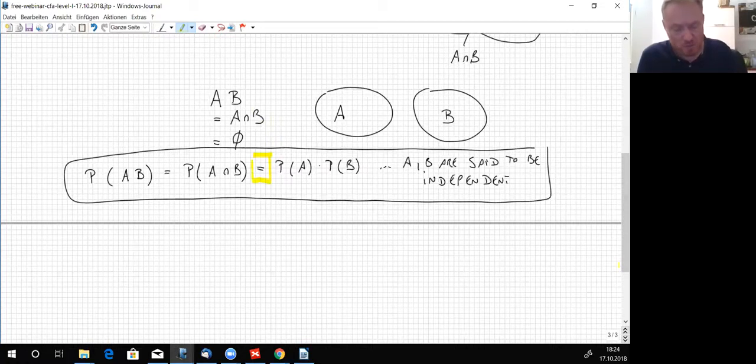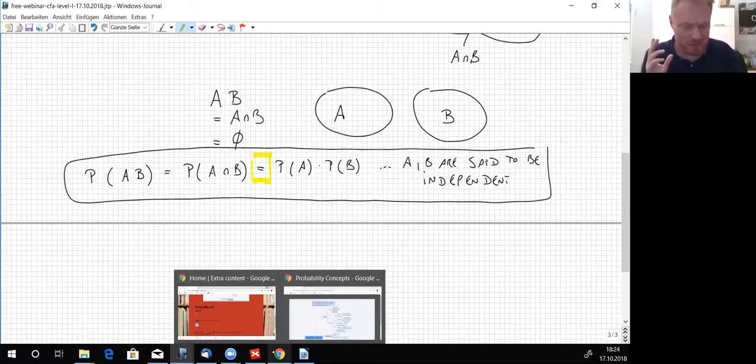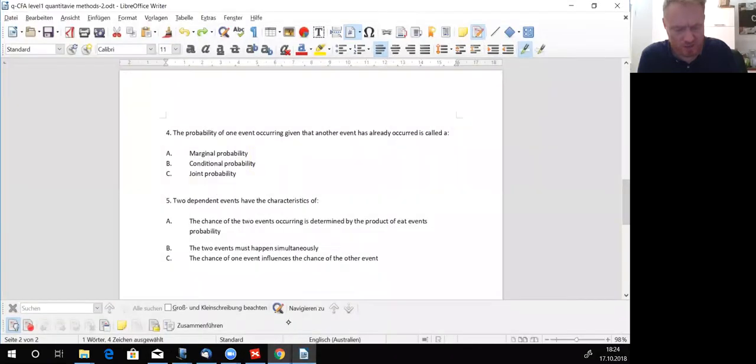This is true, but this rings a bell. Wasn't it with answer B? The 2 events must happen simultaneously. Yes, there is something. The probability of the 2 events happening simultaneously is given by P of A times P of B. Yes, there was something, but it doesn't have to be that way.